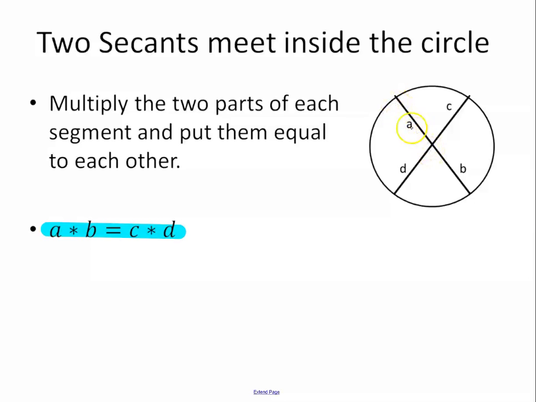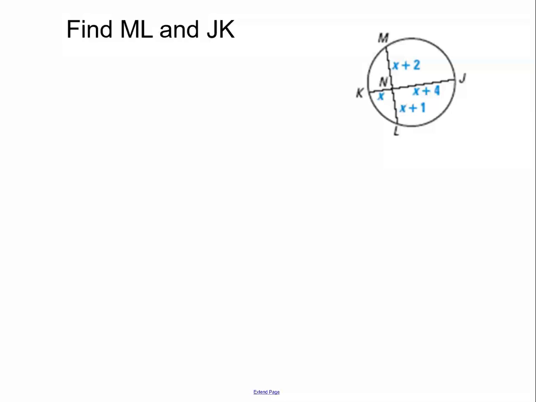A and B are the two parts of this chord, C and D are the two parts of this chord. And if you take these two parts multiplied together, it should equal these two parts multiplied together. That's what this formula says. Alright, so the first thing that you're going to have to do on these is figure out which of the three formulas you're going to use, and then you're going to go ahead and set it up.